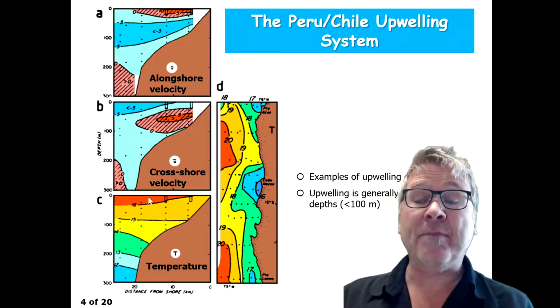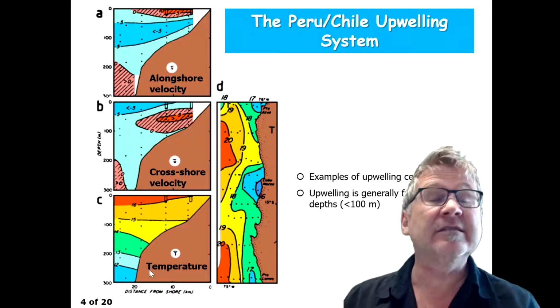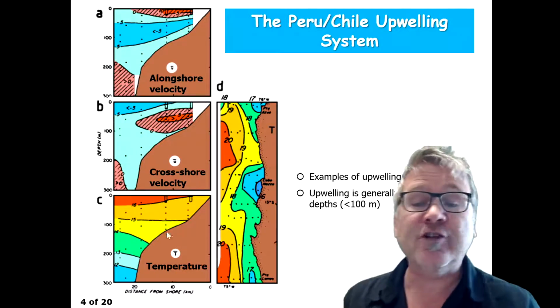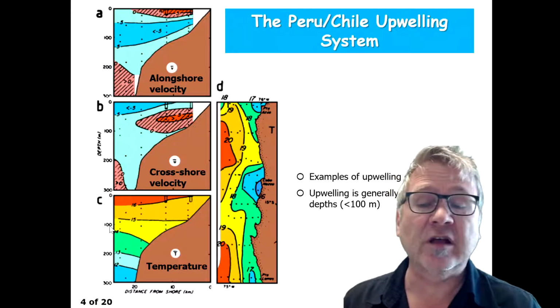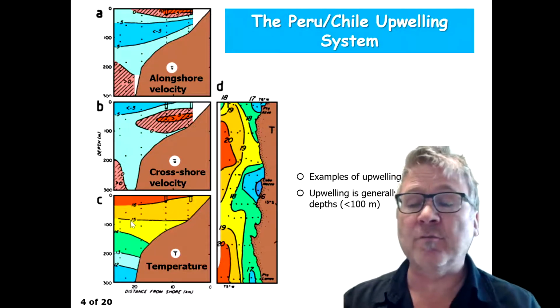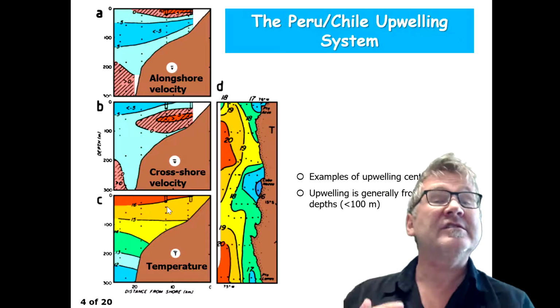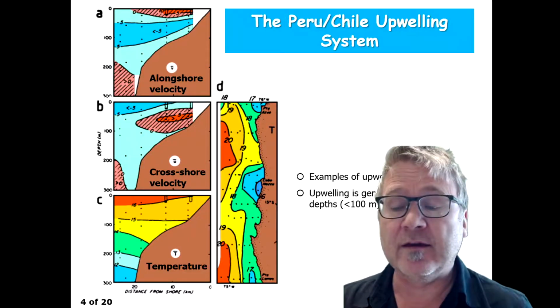And let's have a look at panel C. This is now a vertical transect, where you are cutting across the shelf break, from right to left. And you can see the upwelling in this field.